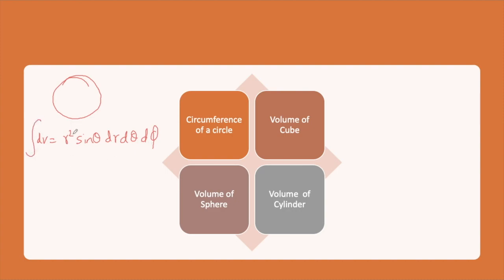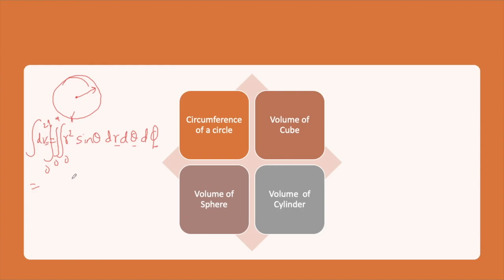Now we will integrate. What are the values over which we have to integrate? It is r, theta and phi. In a volume, r should vary from 0 to r. Where should theta vary from? It should vary from 0 to pi. And where should phi vary from? 0 to 2 pi.